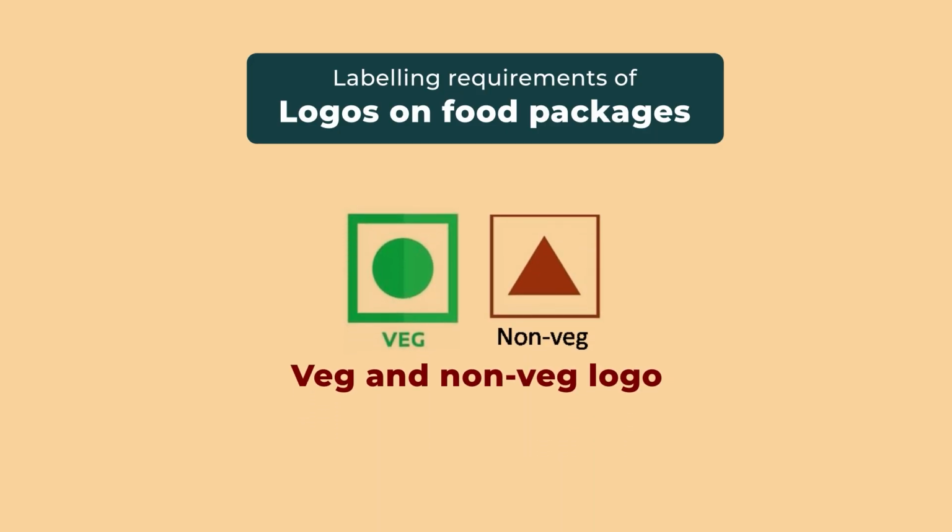Then there are another two logos which are very important for the consumers, the veg and non-veg logos. The veg logo is a green circle inside a green color rectangular box, and for the non-veg product there is a brown color filled triangle inside a brown color rectangular box. These two logos are to be mentioned on the food label very prominently and clearly, and the color should contrast with the background color, so that consumers can easily see the logos for veg food and non-veg food.